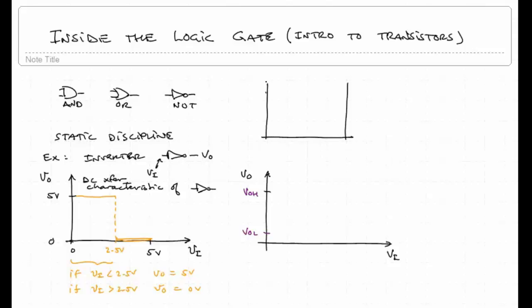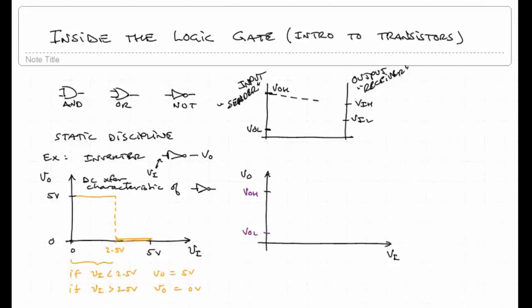We had the input side over here, and the output side here, maybe we called this the sender, and here the receiver. So we defined VO high and VO low, and over here we had VI high and VI low.